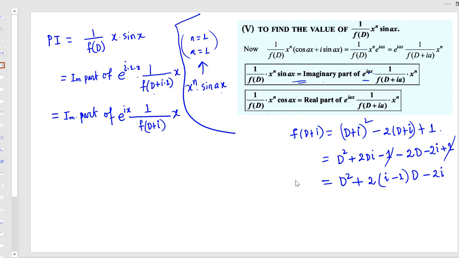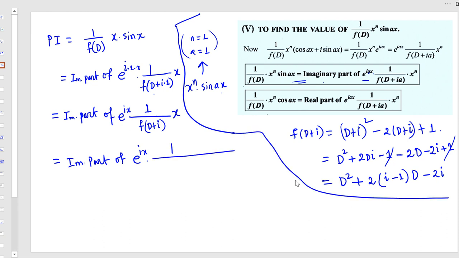So for that you can substitute here now imaginary part of e to the power ix into, okay, so this is d square plus 2 I minus 1 into t minus 2y, and this is x.